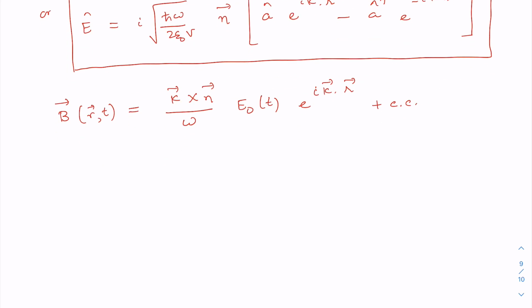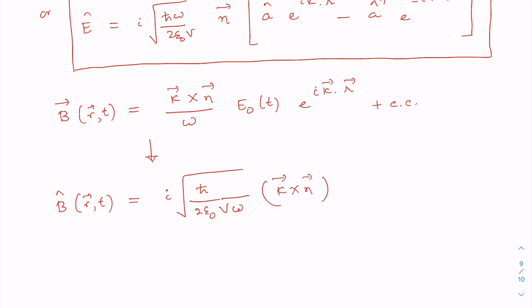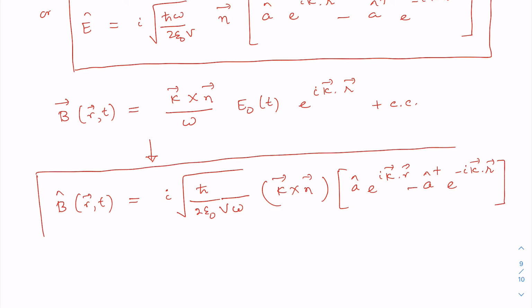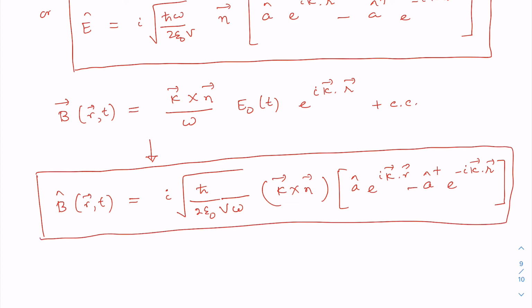So now its operator form, B cap (r,t), would be i, you can easily get this expression, square root of h cross by 2 epsilon 0 v omega, times k cross epsilon, and then you have (a e to the power i k dot r minus a dagger e to the power minus i k dot r). So the electric field and magnetic field both now take the form of operators in quantum mechanics.